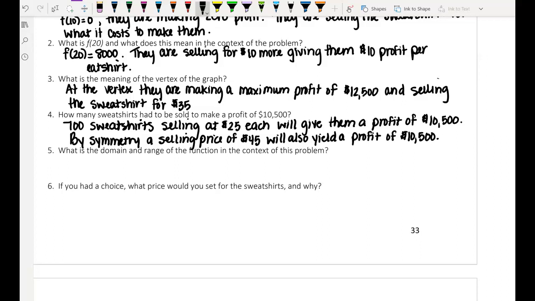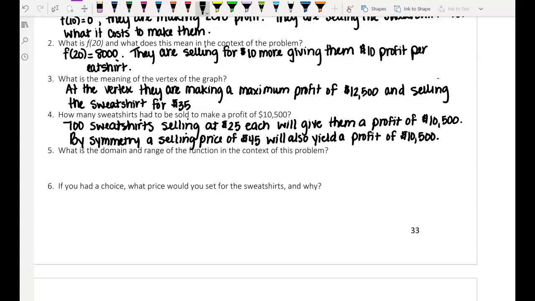But we would have to calculate how many sweatshirts that is. We know that as the price goes up every 5, we do 100 less. So at $30, we would do 600. At $35, we would do 500. At $40, we would do 400. At $45, we would do 300. So we would get the same profit off of 300 sweatshirts at $45 as we get at 700 sweatshirts at $25.